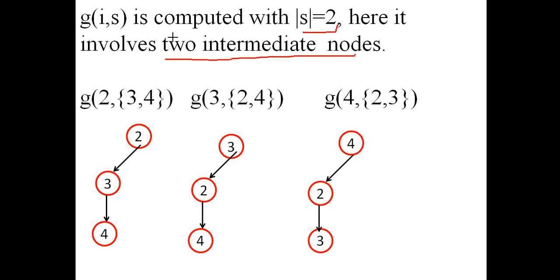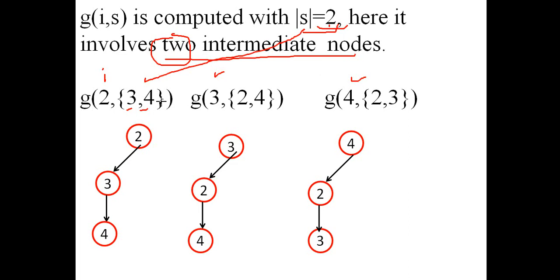Now next is stage number 2. Mod S is equal to 2. Here it involves how many intermediate nodes? 2 intermediate nodes. That's why we have to write 2. For example, I value is 2, 3, 4.